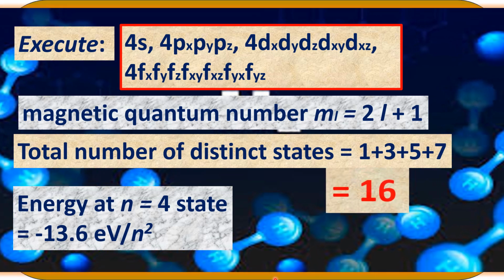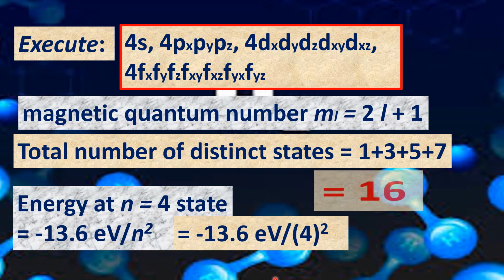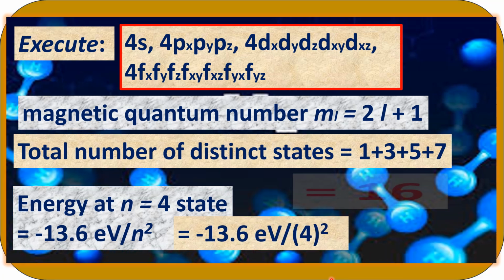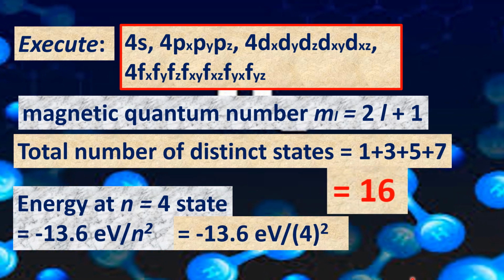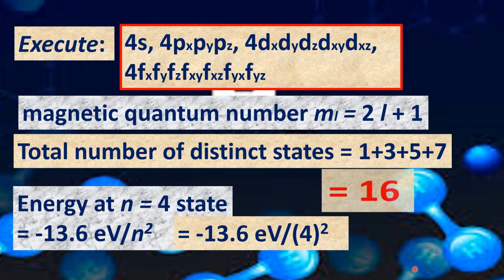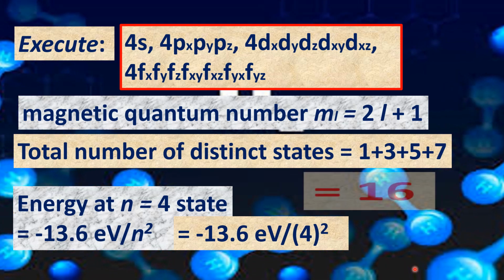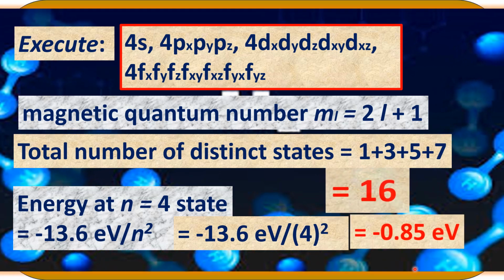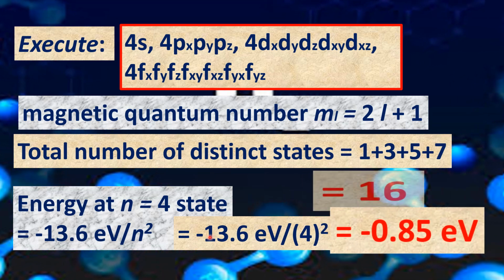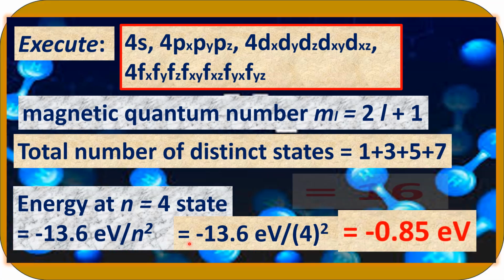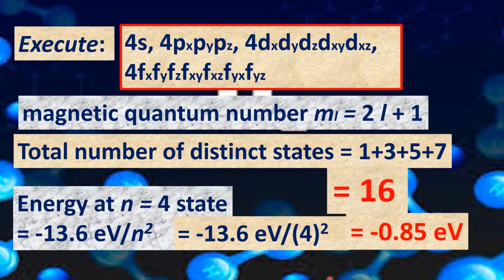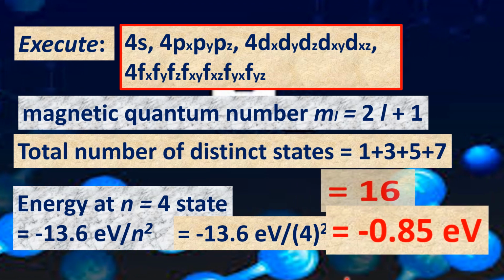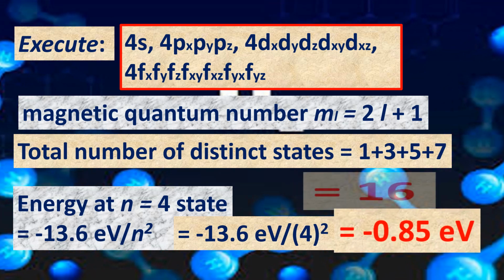So substituting, we'll get negative 13.6 electron volts divided by 4 squared, and doing our math, we will get the amount of energy at the fourth energy level, or n equals 4, equals negative 0.85 electron volts.